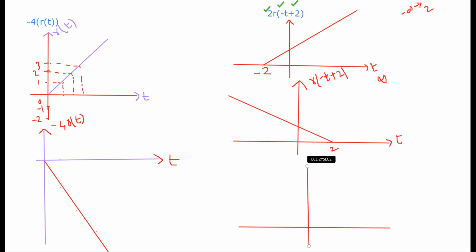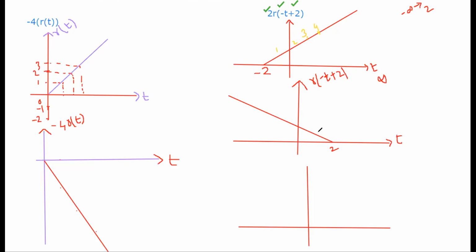See here, if you observe, the signal has the amplitude of 0 at t equal to minus 2, 1 at t equal to minus 1, 2 at t equal to 0, 3 at t equal to 1, and 4 at t equal to 2.